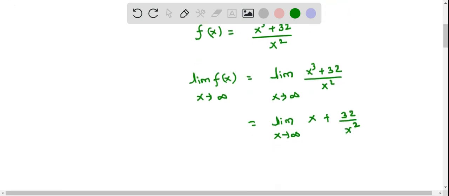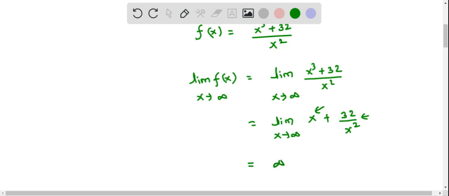When x approaches infinity, this quantity becomes 0, because a number divided by a very large number basically becomes 0. However, we have this x, so it approaches infinity.